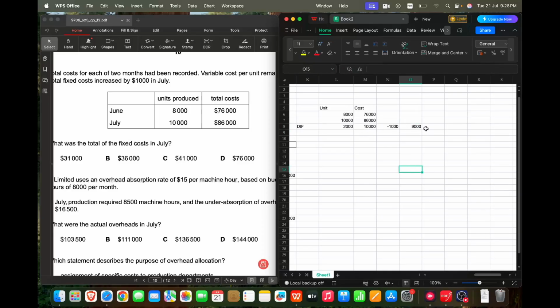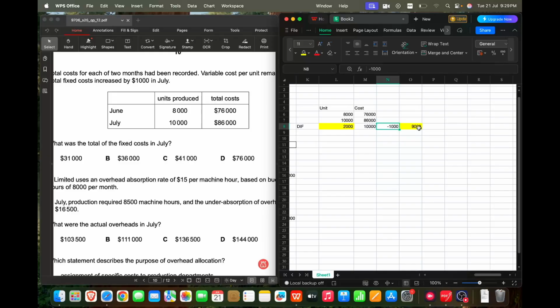Correct? So to produce 2,000 units, I paid 9,000 variable cost. I can say that, because extra units produced will increase only variable cost and not fixed cost. And the fixed cost amount was already given, so I removed that.